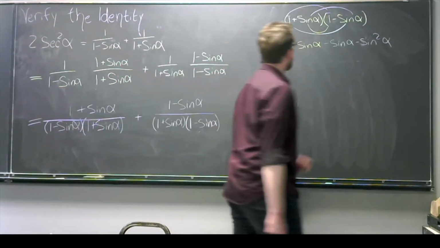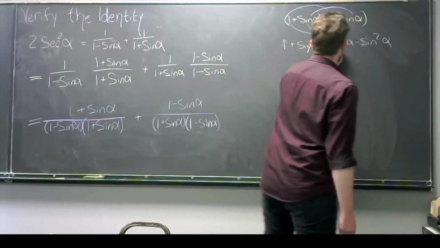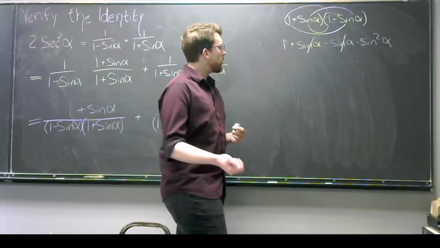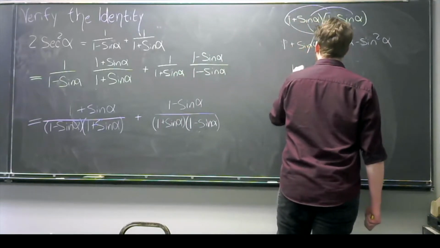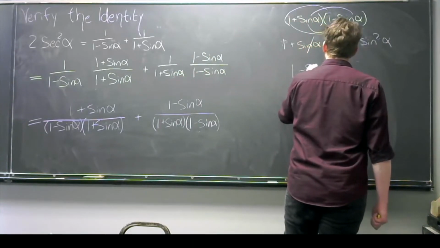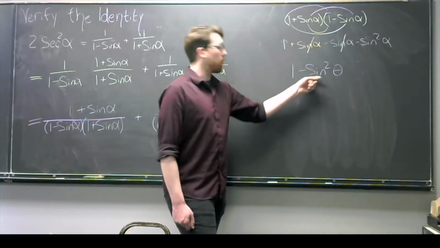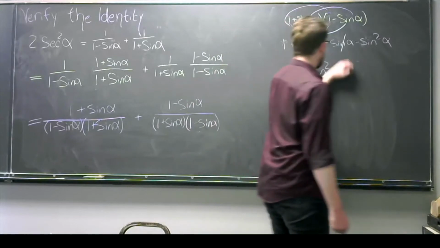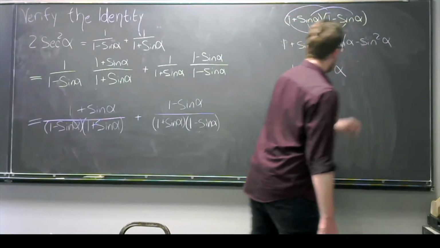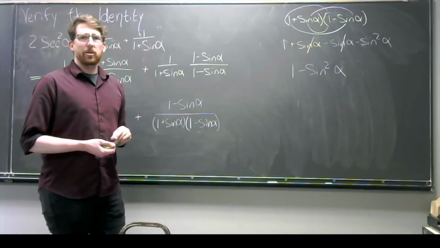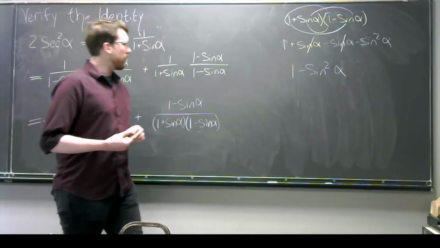Now notice these two terms are going to cancel, the plus sine alpha minus sine alpha. So what we're going to be left with is 1 minus sine squared of alpha. So we're going to use that to rewrite these denominators.